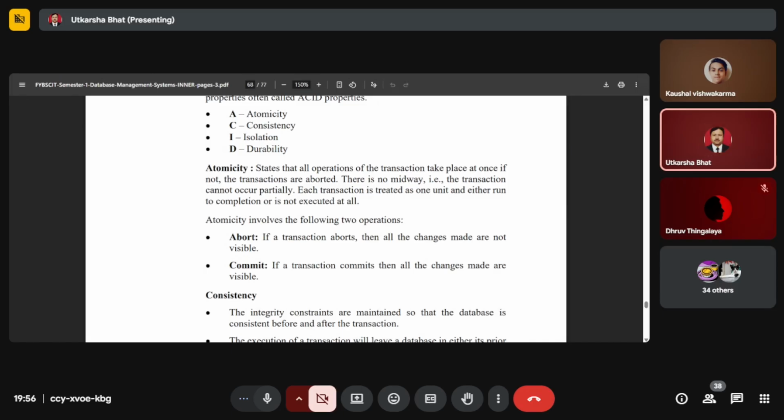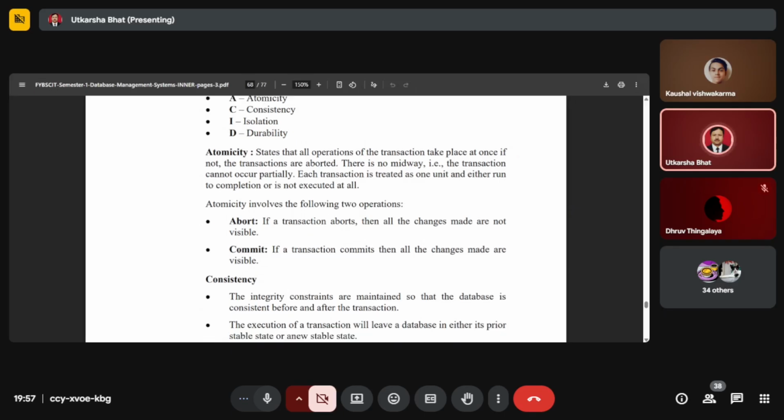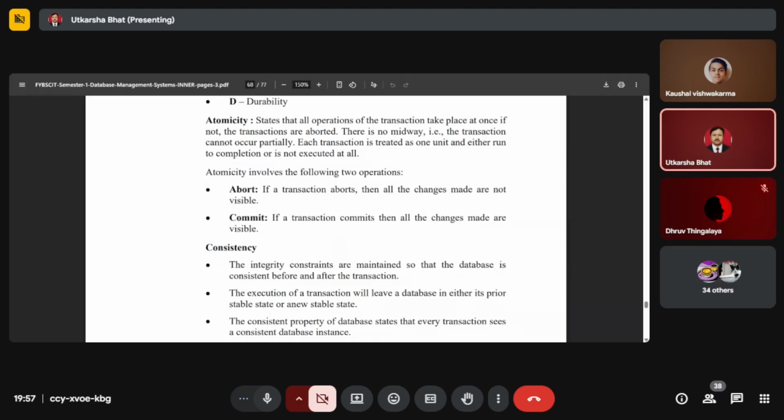Abort में क्या आता है? If transaction aborts, then all the changes made are not visible. जो भी changes है वो visible नहीं होते. Commit में क्या आता है? If transaction commits, then all the changes made are visible. Commit मतलब update होता है. Consistency.